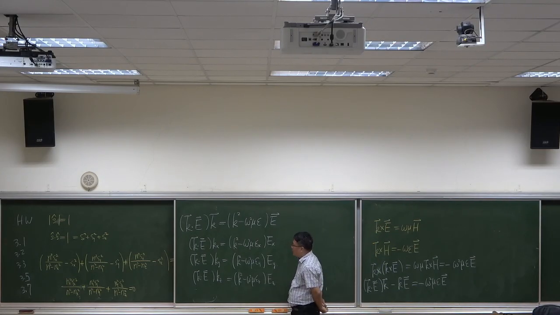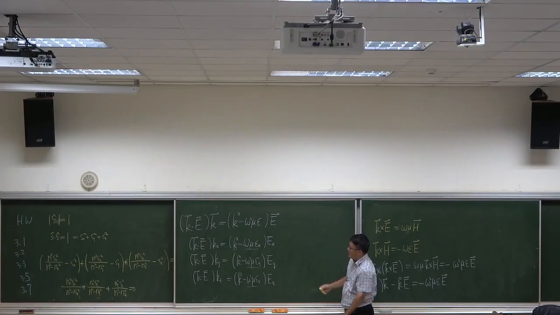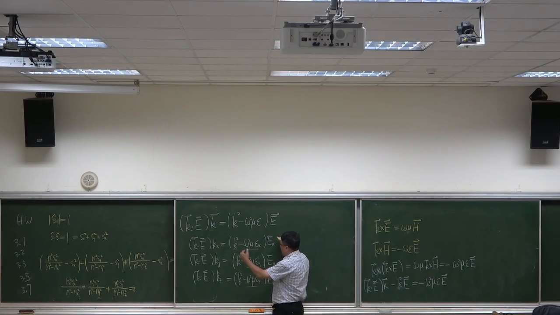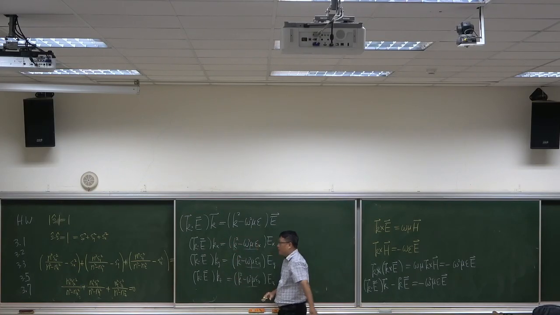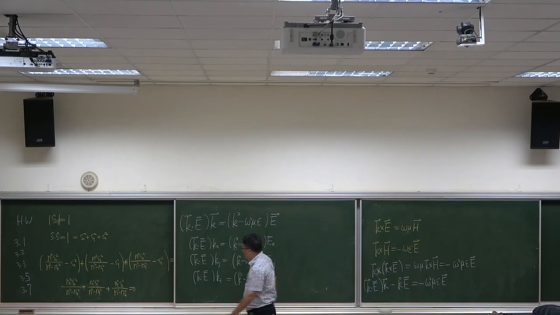And usually, in general, K squared is not equal to this term, not equal to this term, not equal to this term. Okay. So this means that we can divide every equation by the corresponding term.